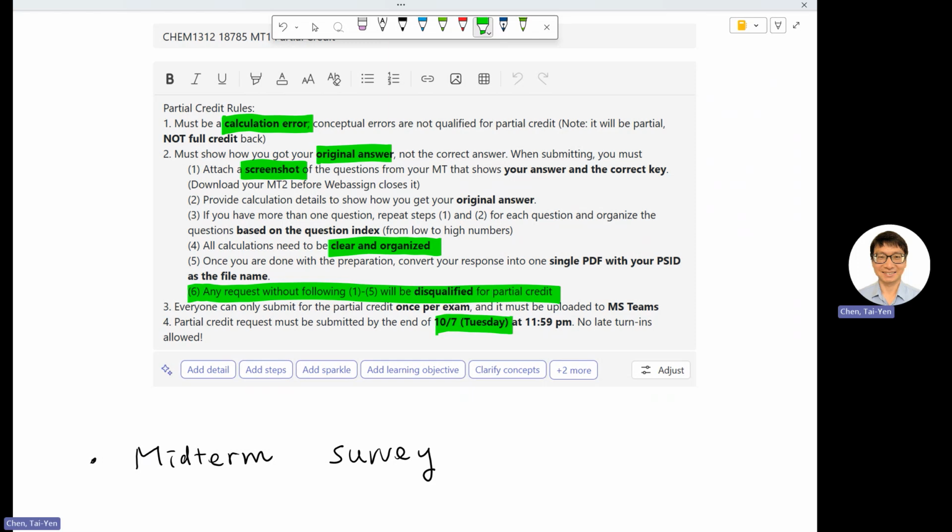This is also on Teams. You should see these things. If you haven't used Teams, then you don't really follow the class closely, right? So make sure you do go to Teams. We post everything, really everything, on Teams. So make sure you use those things wisely.